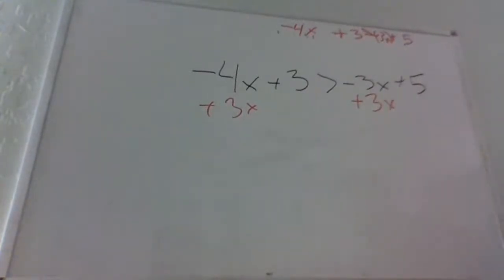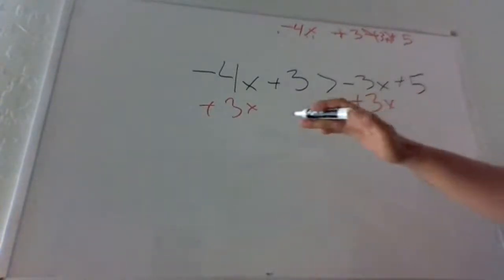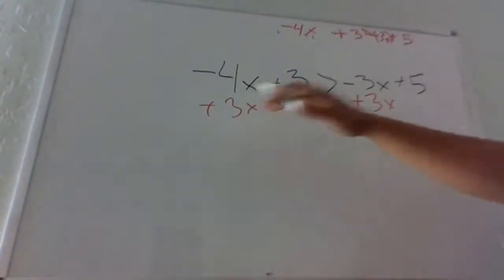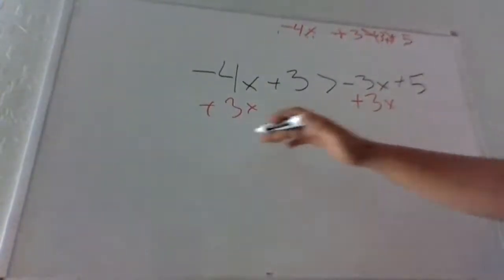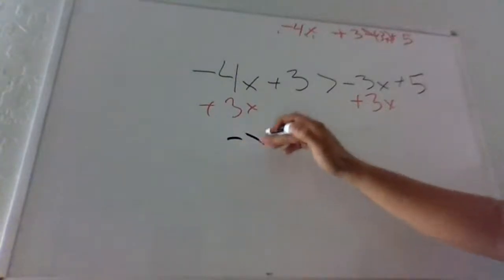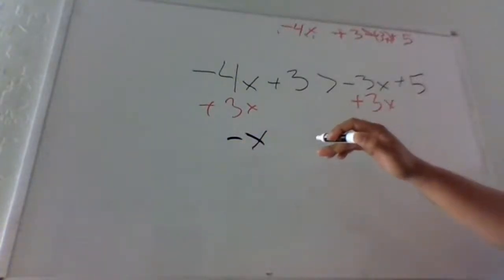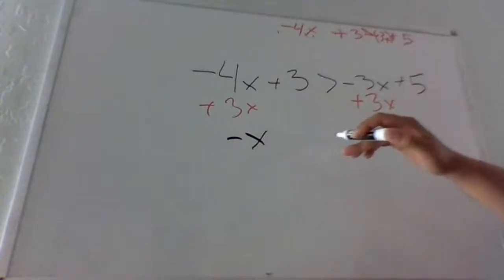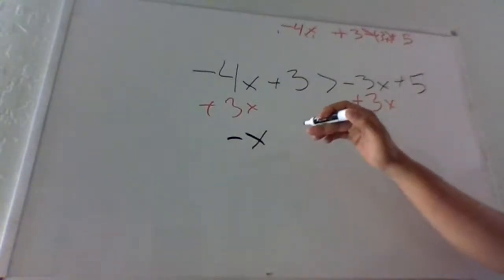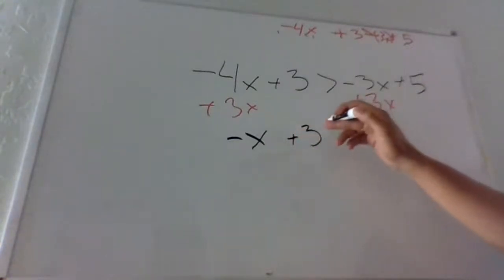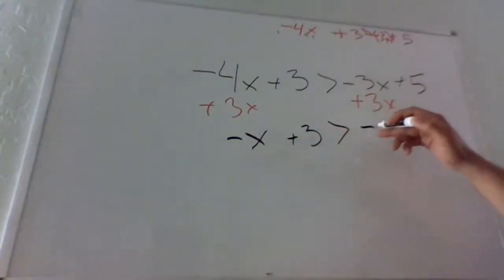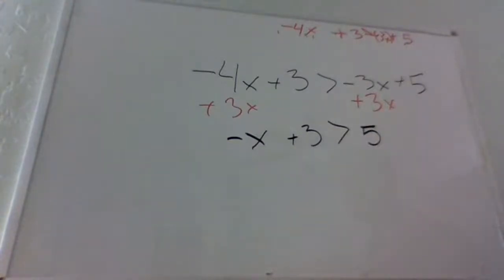This plus 3x. Okay. So what do we do now? -x plus 3 greater than 5. Okay. Now what do we do?